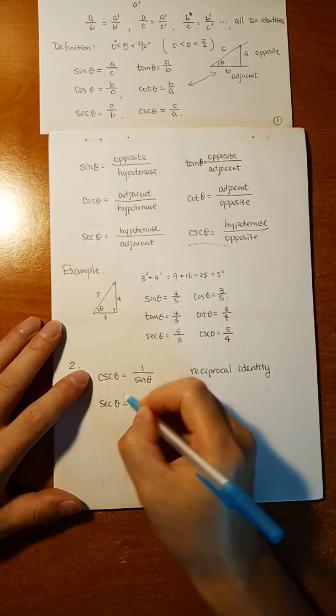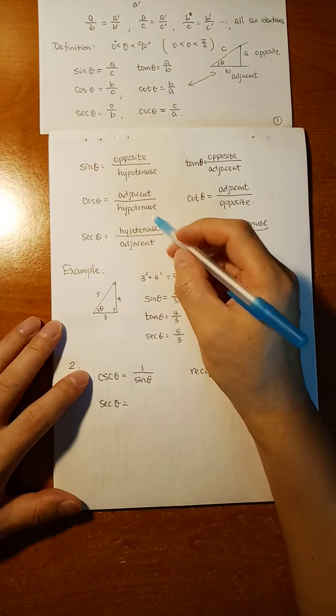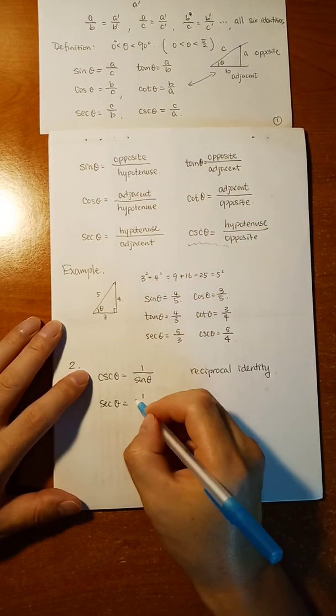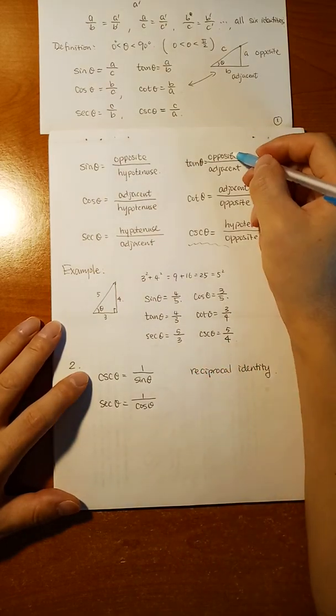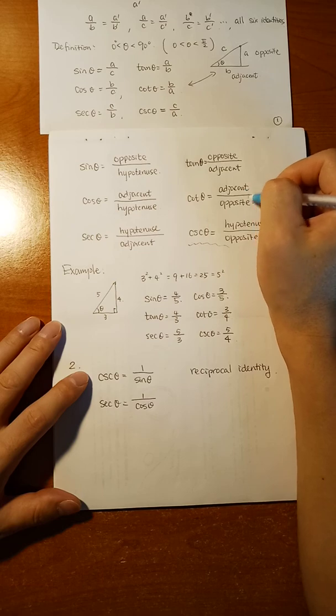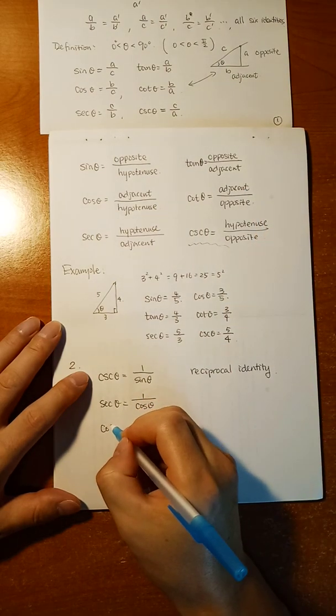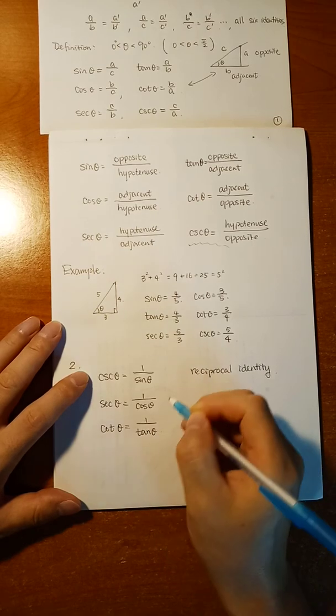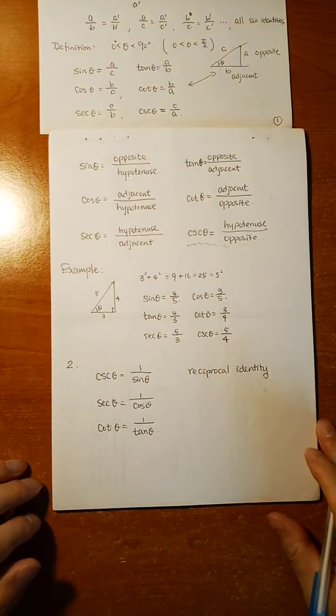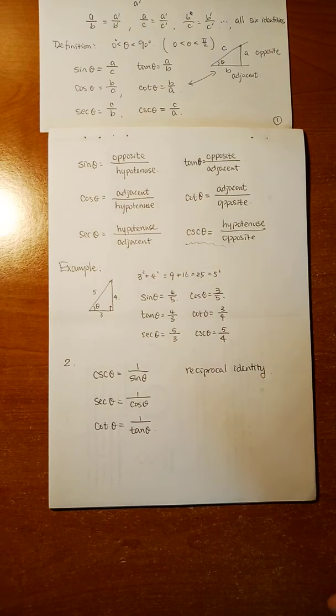Secant, where is secant? Hypotenuse over adjacent. Adjacent over hypotenuse is cosine, so secant is 1 over cosine. And tangent is opposite over adjacent. Cotangent, adjacent over opposite. Cotangent is 1 over tangent. So you have 6 trigonometric functions, but in fact 3 of them depend on the other 3 by the reciprocal identity.